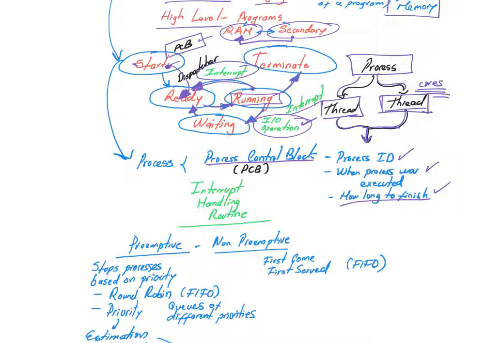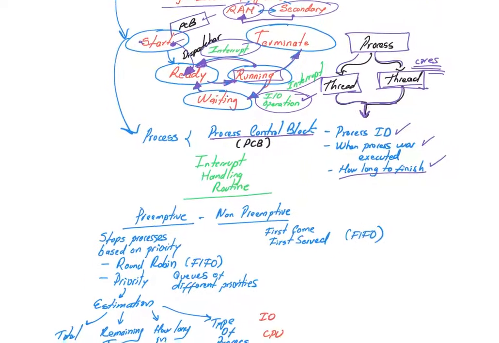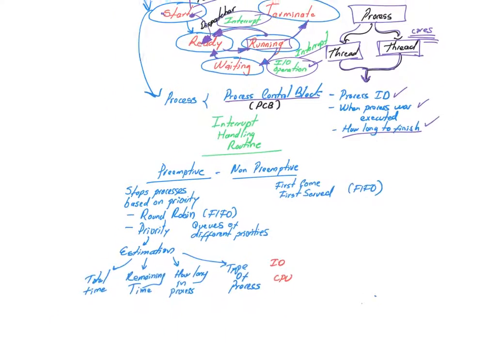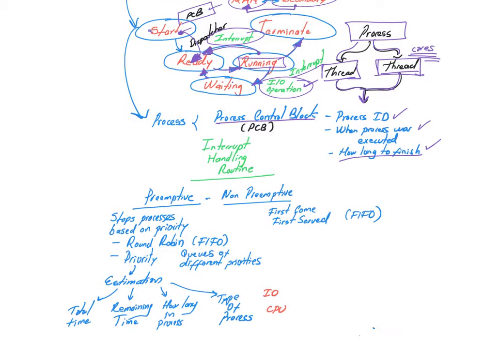Well, that would be a very advanced scheduler, but it's all the information required for the scheduler to handle that process. And the interrupt handling routine uses the information in the PCB block to assign time to the CPU.